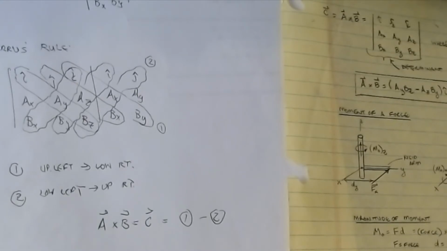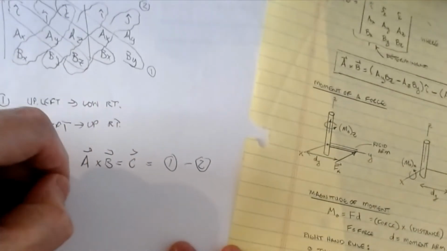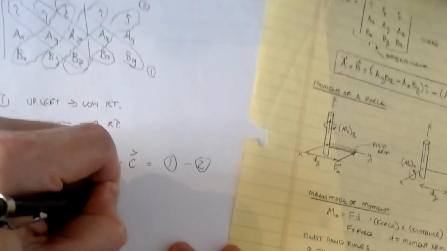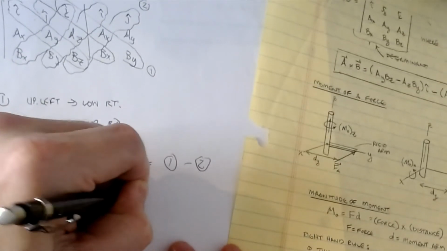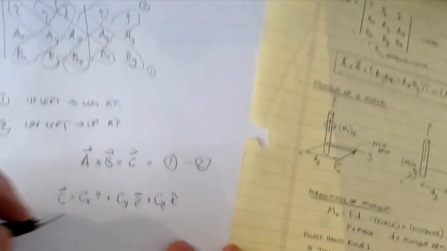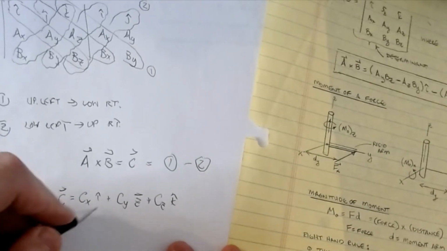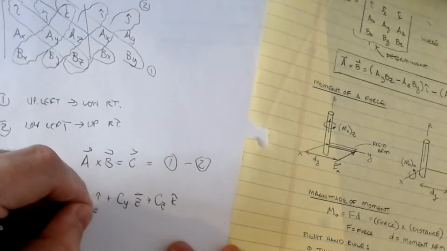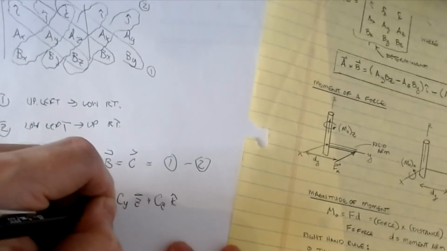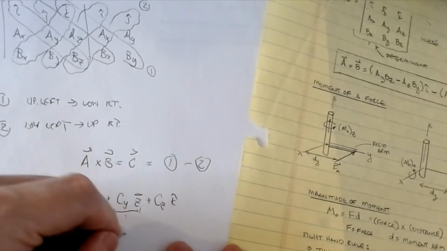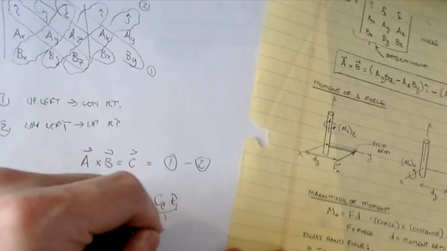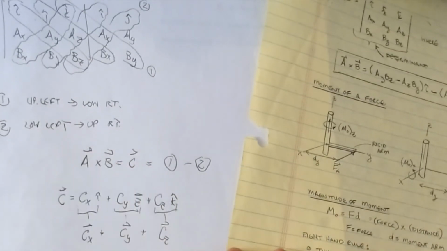All right, the thing that's kind of interesting in all this is that this is C. Well, if we define C vector as being Cx times i plus Cy times j plus Cz times k, well, just like before, this is a resultant of, maybe this guy we call a Cx vector plus, and this guy here is a Cy vector, and then plus this guy here is a Cz vector.